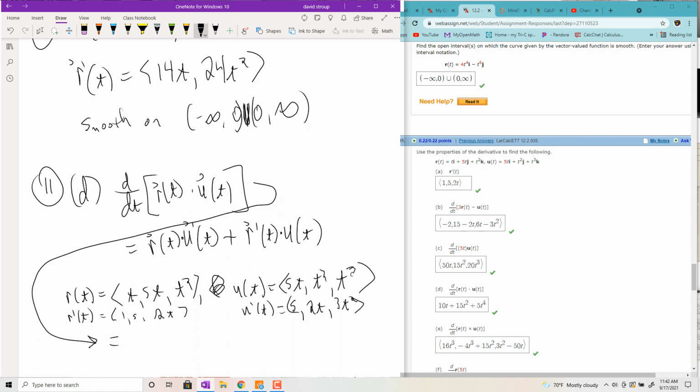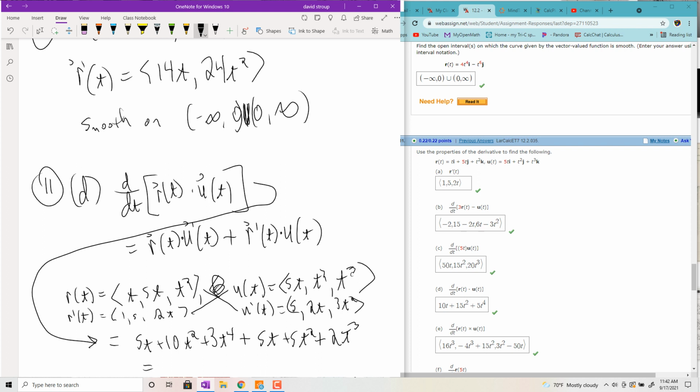Okay, so the dot product is basically the dot product between these two guys. So you get 5t plus 10t squared plus 3t to the fourth, and then plus the dot product between those. So you get 5t plus 5t squared plus 2t cubed.